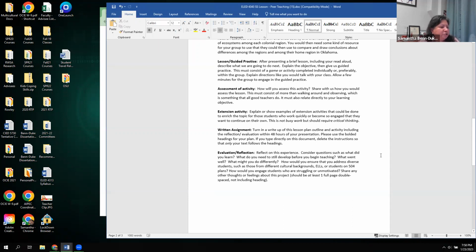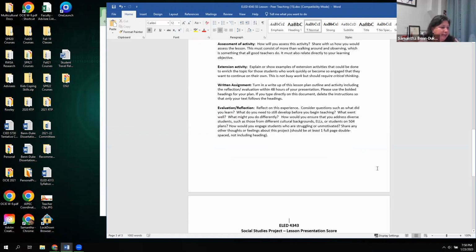Your evaluation should be at least one full page, double spaced. Remember that in academic writing big blocks of text is not appropriate. Use appropriate academic writing skills, and you'll be in good shape with that.